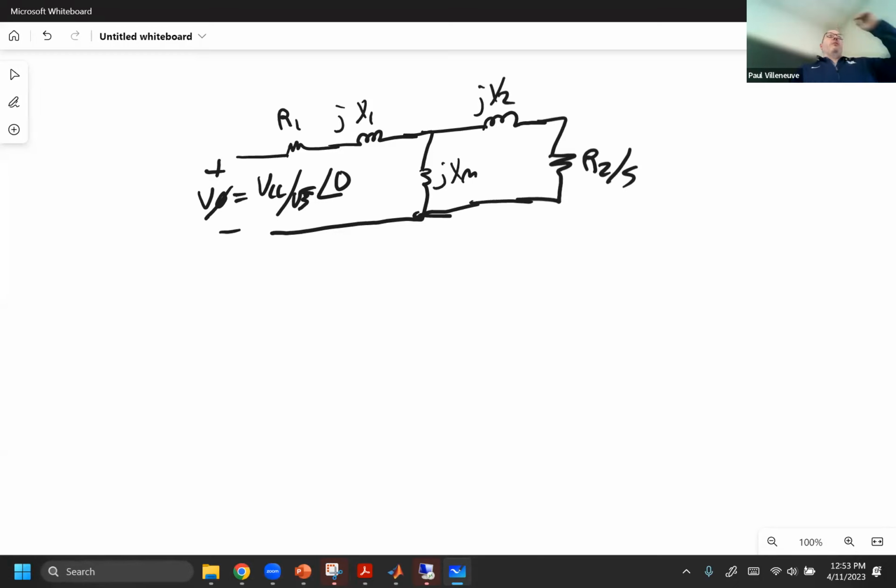All right, so remember loop equations? We have I stator and I rotor, or I rotor equivalent.